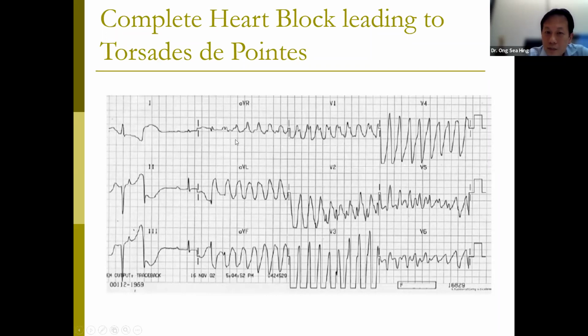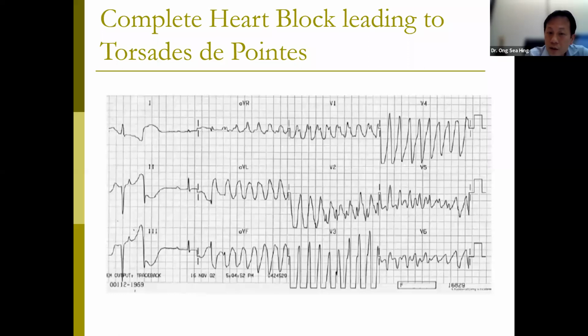This is not a monomorphic VT, but what we call a polymorphic VT. The QRS changes from a smaller QRS to a longer QRS. And this is Torsades de Pointes. This is what we call polymorphic VT, and it can be due to bradycardia. Severe bradycardia can lead to torsades and the patient can collapse and die.